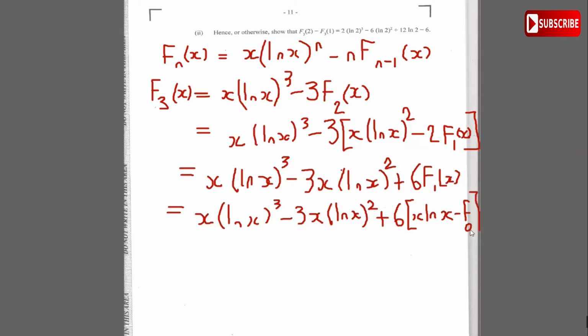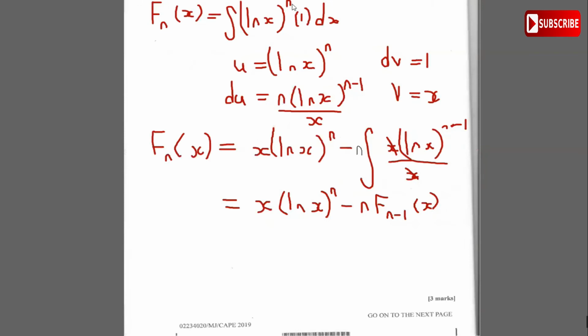But now you're going to ask, sir, how do you find f naught? Because if I put in n as 0, you're going to have 0 minus 1. Once you reach f naught, go back to the original function. If you put n as 0, what would you get? ln x to the 0 is 1. The integral of 1 is x.